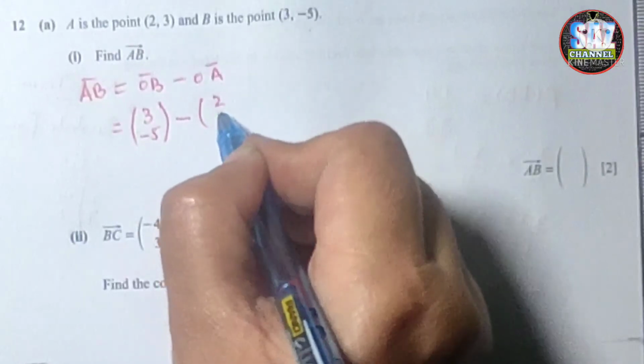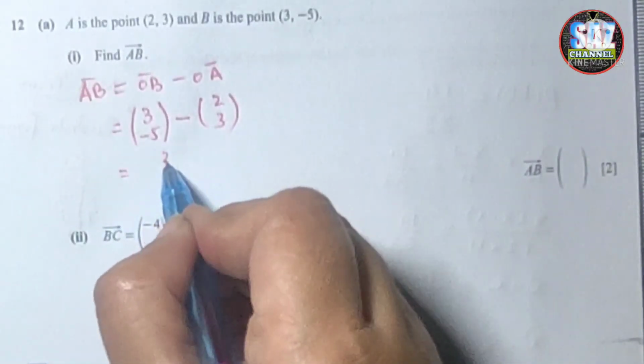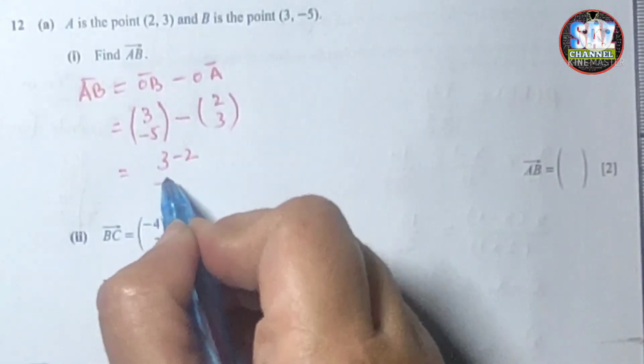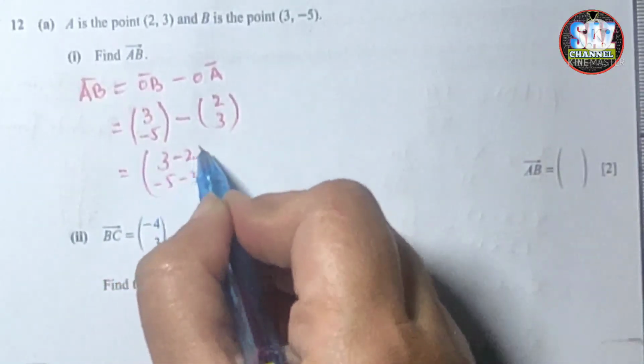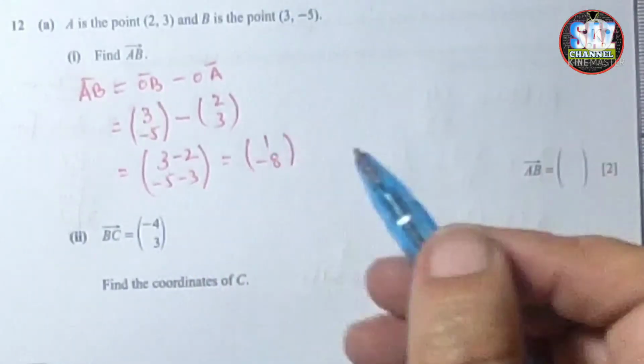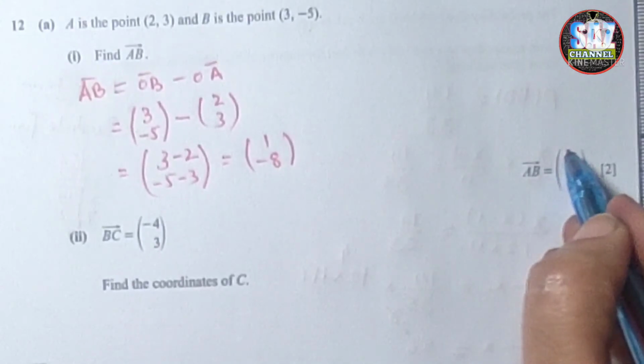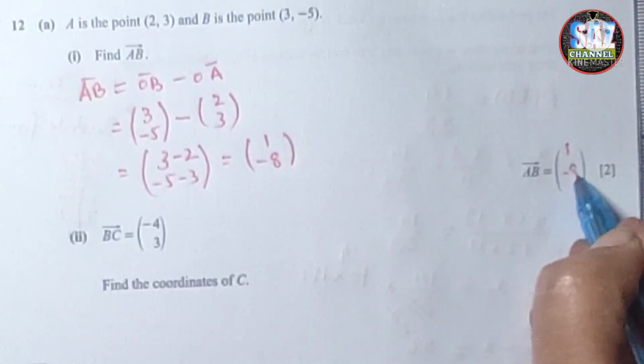This is (3, -5) minus (2, 3), so 3 minus 2 and minus 5 minus 3, and this is (1, -8). Really easy, and I can write here (1, -8).